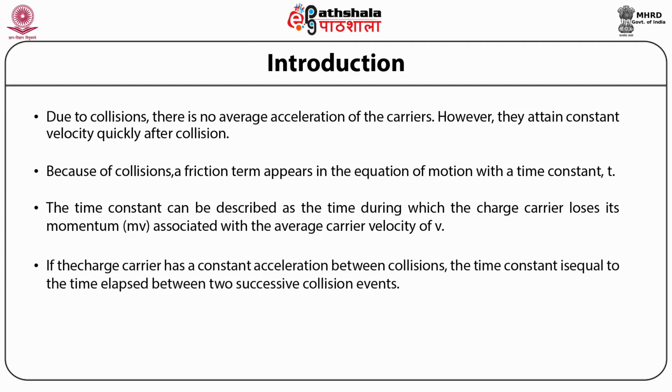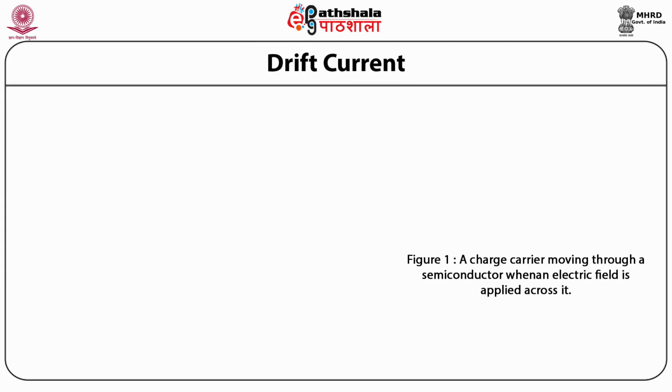If the charge carrier has a constant acceleration between collisions, the time constant is equal to the time elapsed between two successive collision events. Drift velocity.